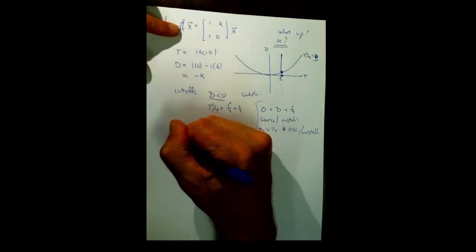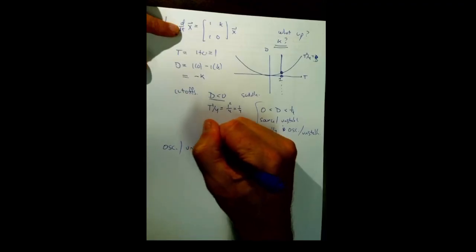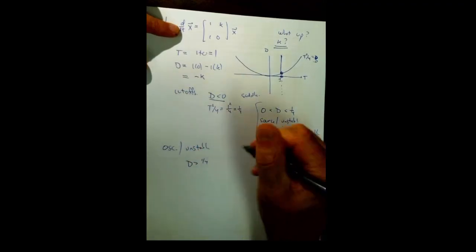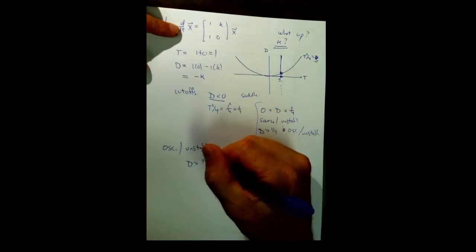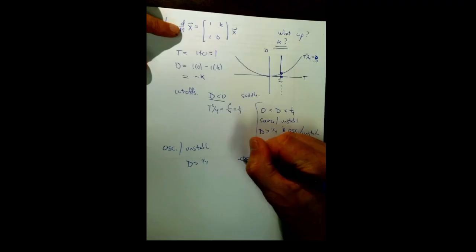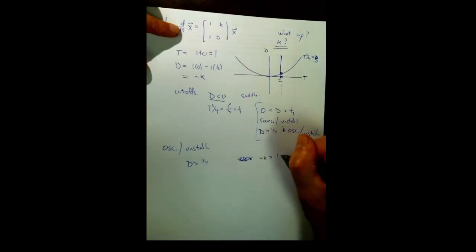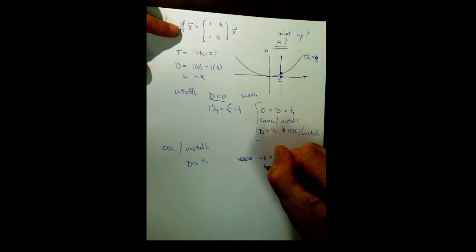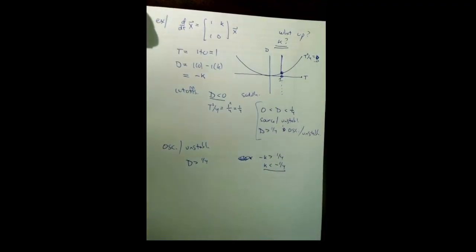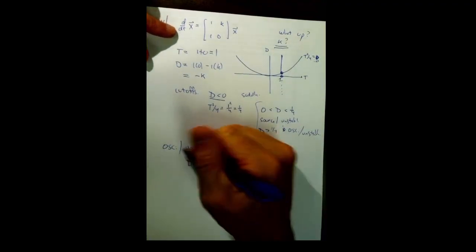For oscillations and unstable, d has to be greater than 1/4. Sorry, d is minus k. So that means minus k is greater than 1/4. And if I multiply both sides by -1, k is less than -1/4. So if k is less than -1/4, it's going to oscillate and be unstable.